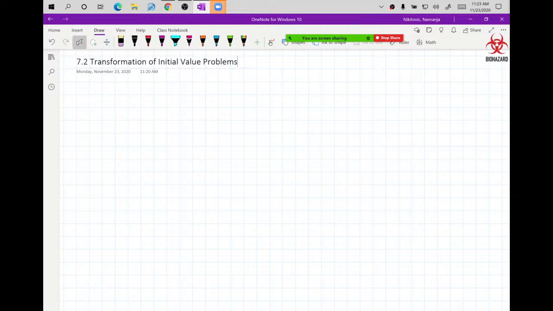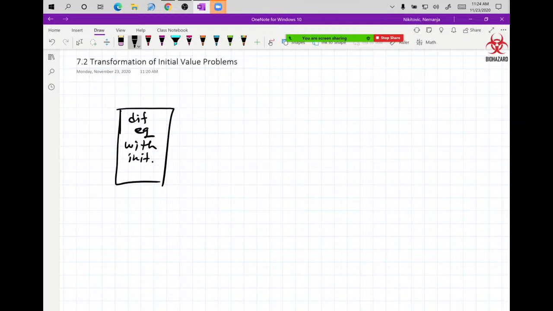Well, you are going to have a differential equation, with initial condition. So you have to have that, x of 0 equals 7 and so on, right?